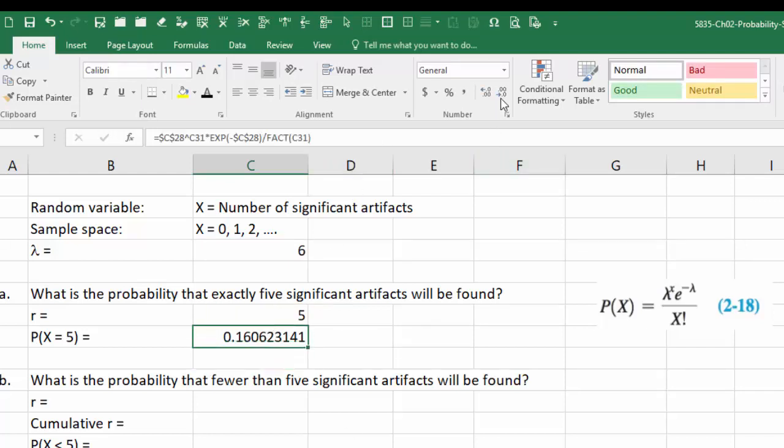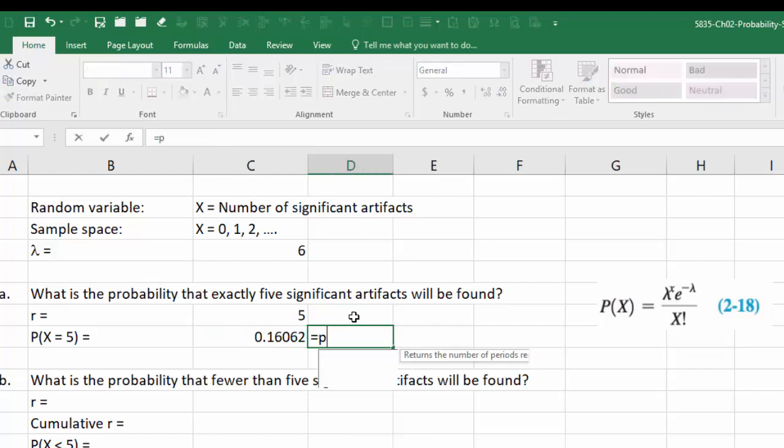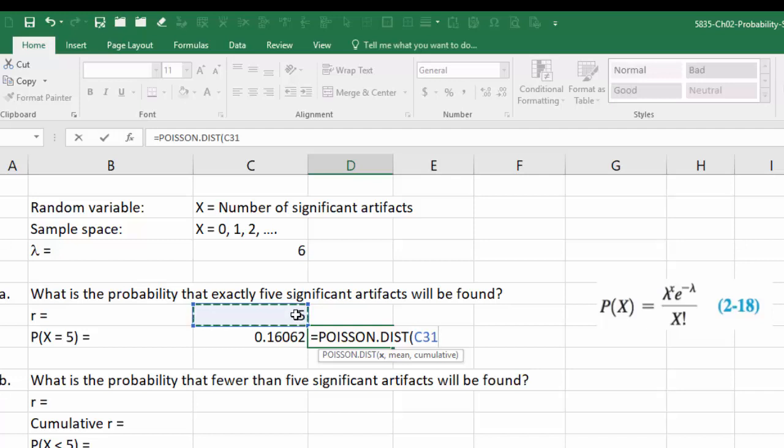Now, of course, Excel has a Poisson function as well, so you don't have to use the formula. You can directly use the function POISSON.DIST. Don't use the legacy function. First item is the number of successes, so that's that one, and then the mean. The mean is the only parameter that we need to compute Poisson probability.